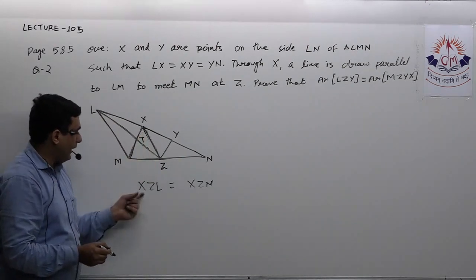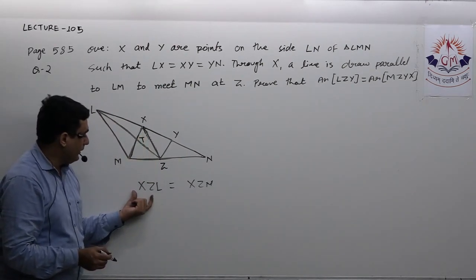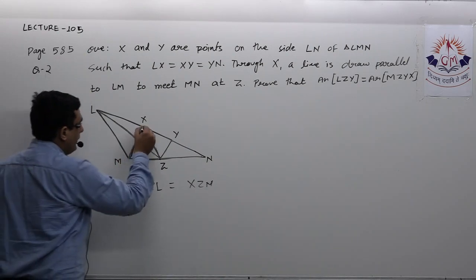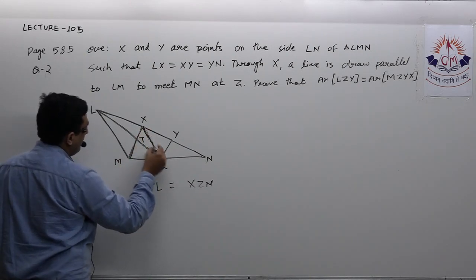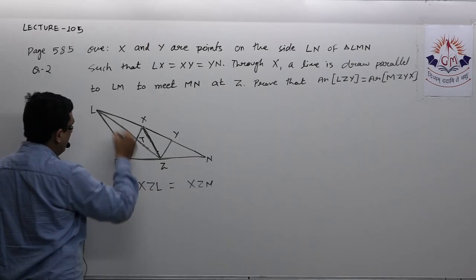These two triangles are equal in area because they are on the same base XZ and between the same parallels XZ and LM.